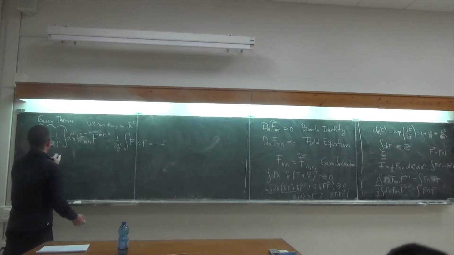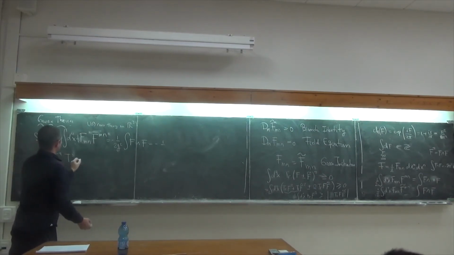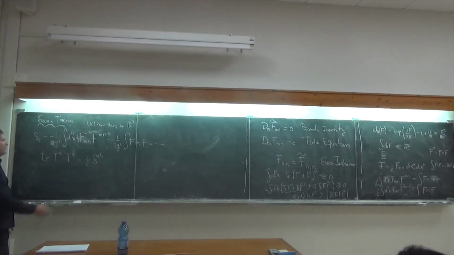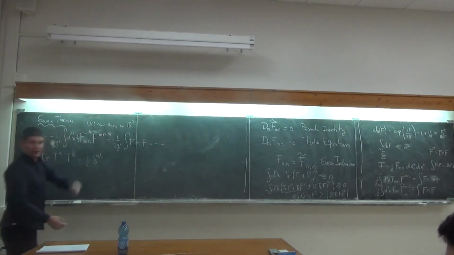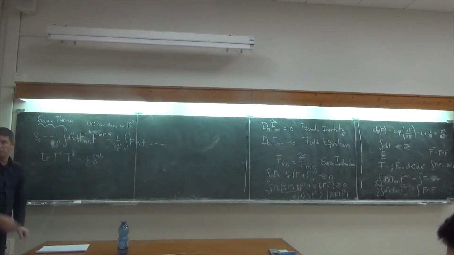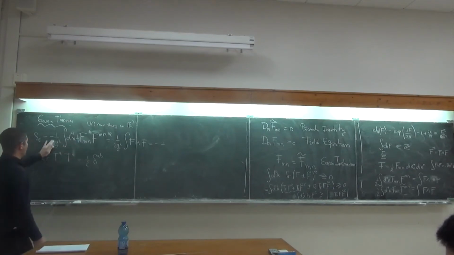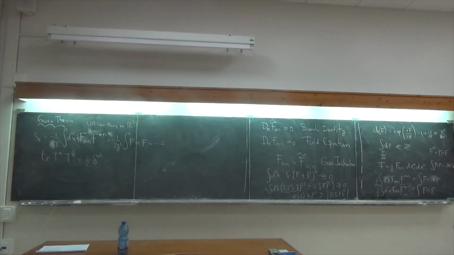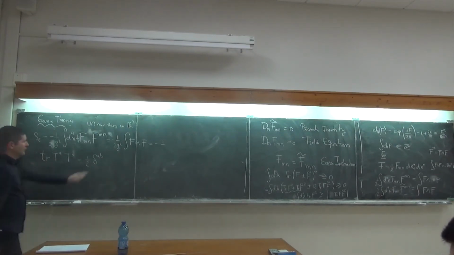Trace of T^A T^B is equal to 1/2 delta^AB. Therefore, either you write 1/4 F^A_MN F^A^MN, which means sum over all possible components, or 1/2 trace. We always write the trace explicitly. Okay, therefore we have this.